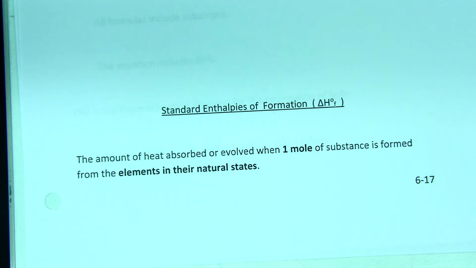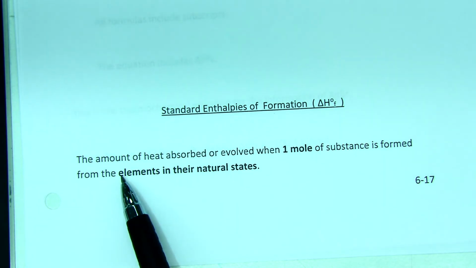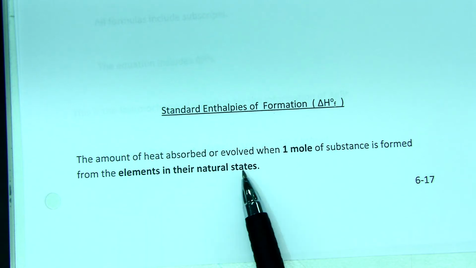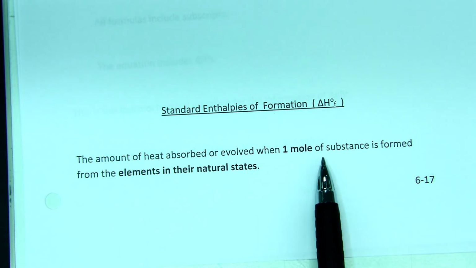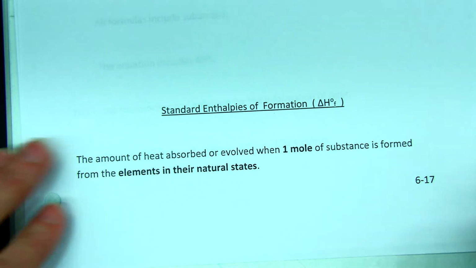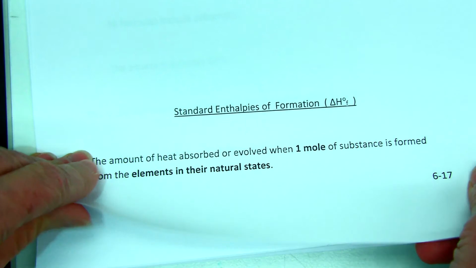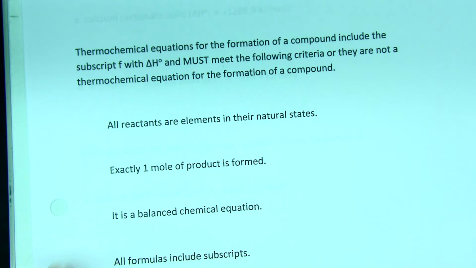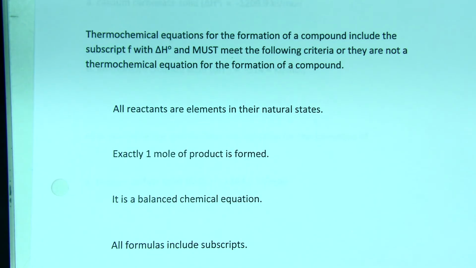It is defined as the heat absorbed or evolved, because it can be either positive or negative, when 1 mole of substance is formed from the elements in their natural states. And if you're only making 1 mole of the product, then it's not okay to multiply the whole equation by 2 to get rid of those fractions.